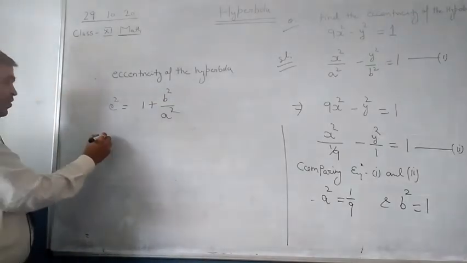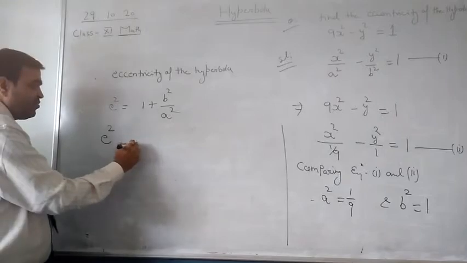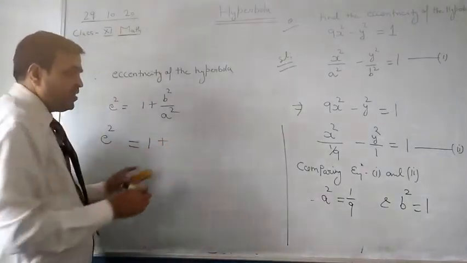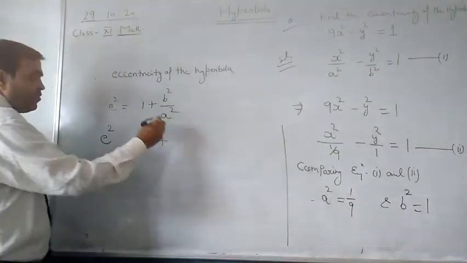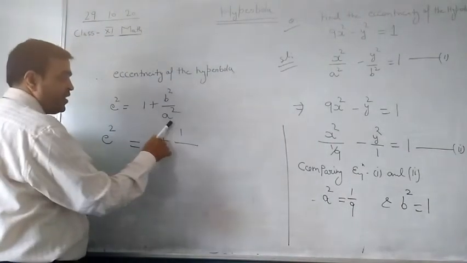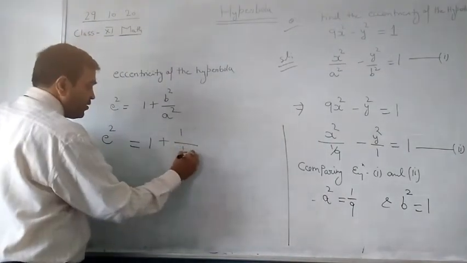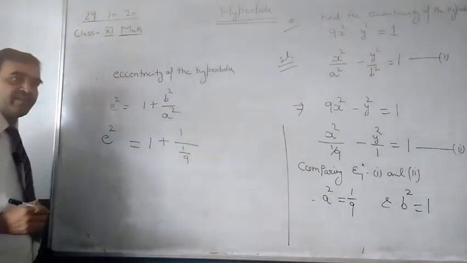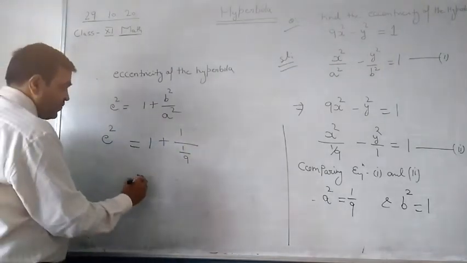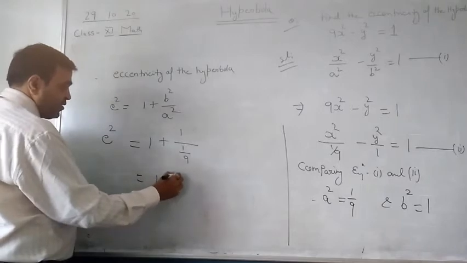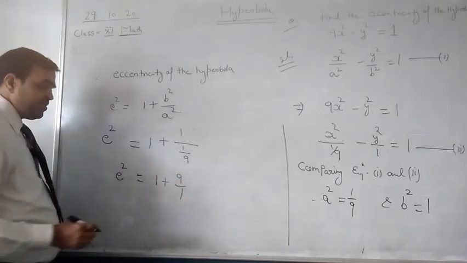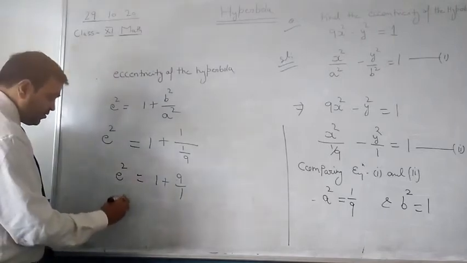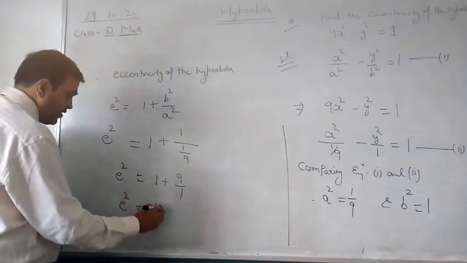Now putting the value of a square and b square: e square equals 1 plus b square, which is 1, upon a square, which is 1 upon 9. Means 1 plus 9 upon 1, so e square is equal to 10.